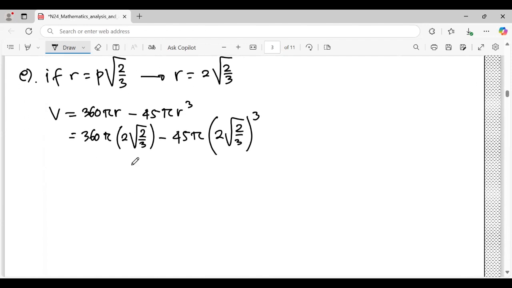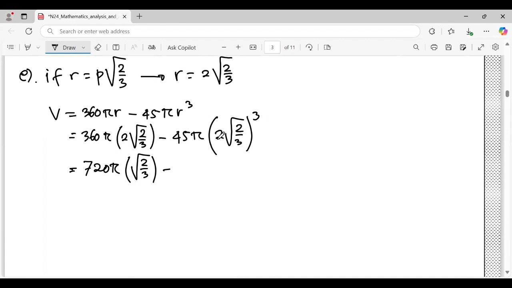Okay, so it becomes 360 times 2, 720 pi square root 2/3, minus 45 times, this is 2 cube is 8.